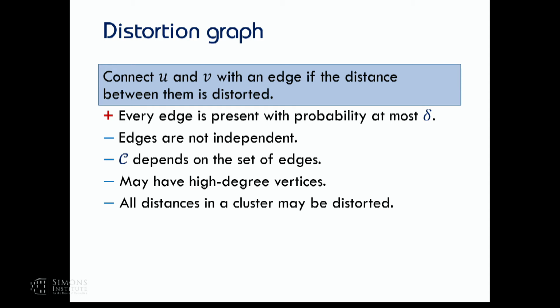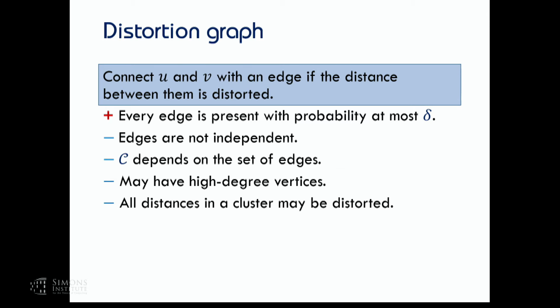Since we are particularly interested in the terms in the expression for the cost that are not preserved, let's introduce the distortion graph. The distortion graph is the graph on the set of data points, and two points u and v are connected with an edge if the distance between them is distorted. This is a random graph, since it depends on the random dimension reduction.